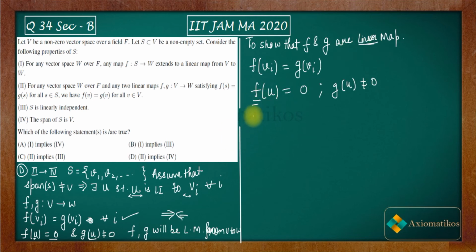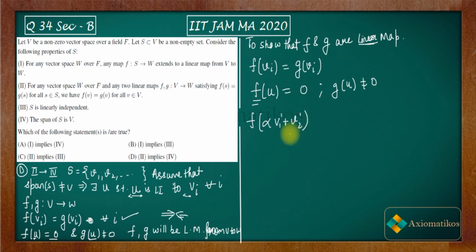If you check the linearity of F, you choose two random elements from this vector space V. Let us say V1 dash and V2 dash.